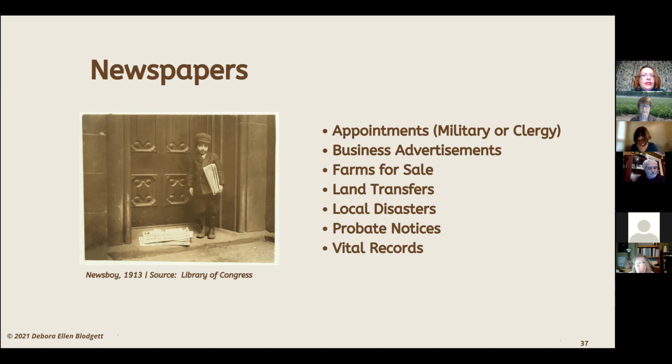Sometimes land transfers are in historic newspapers. Local disasters like floods and fires, businesses that might have burned down, would be in a newspaper. Probate and other legal notices. And then sometimes birth, marriage, and death records, obituaries, and so forth would be found in newspapers.